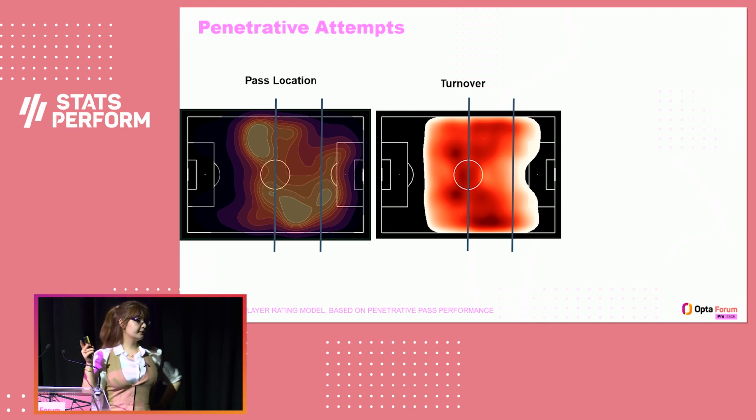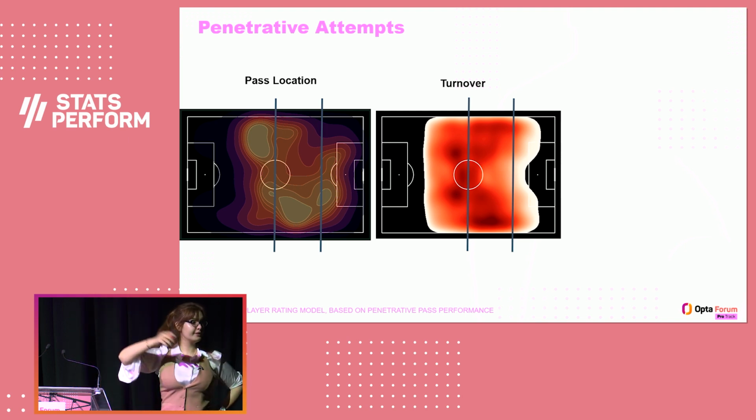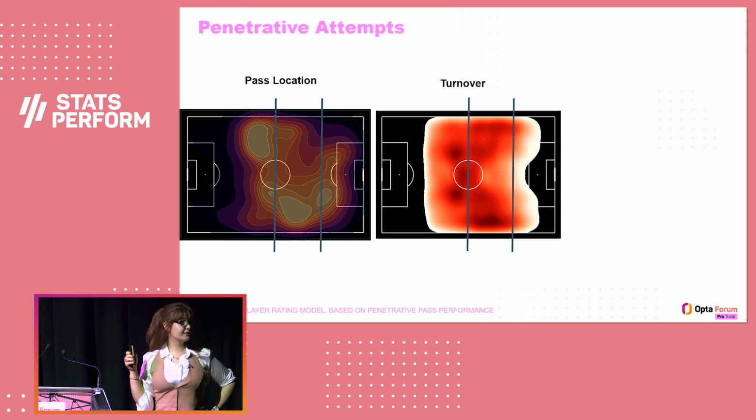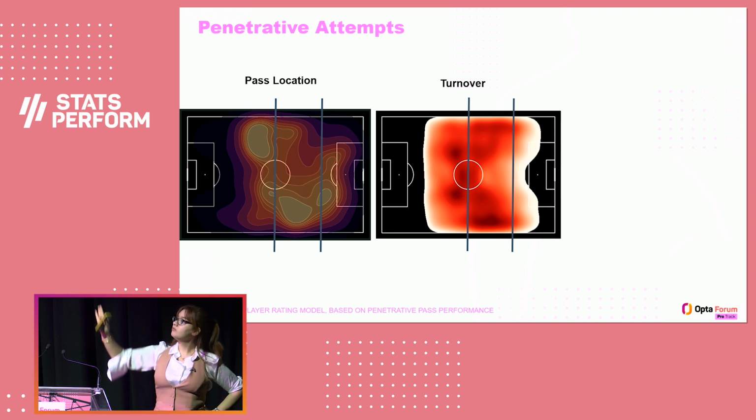It was again surprising that around the midfield, around the half line actually, so in the own half and the midfield, there is a very high chance of turnover. But in the attacking zone, it's not very risky. That was quite surprising from the data set.